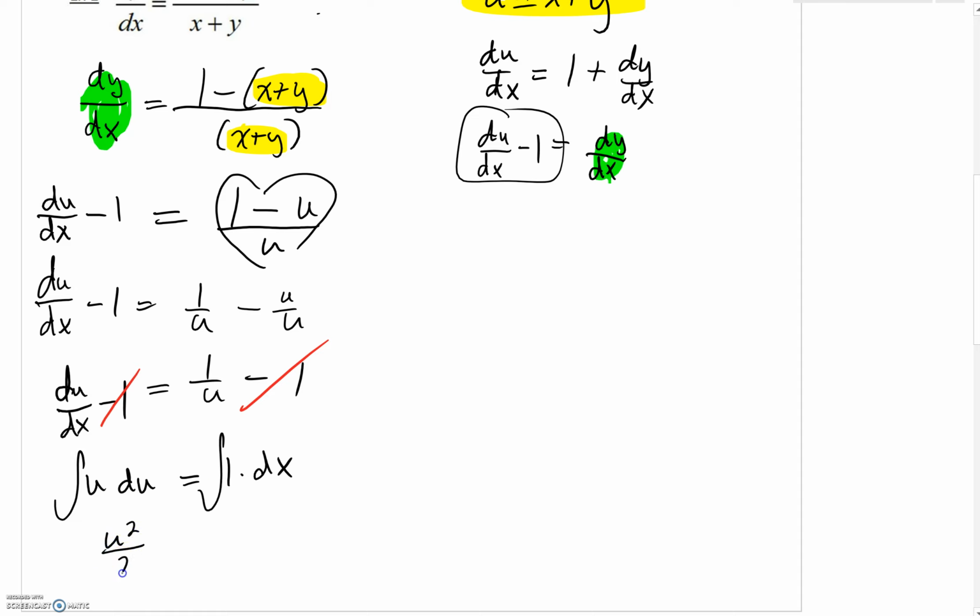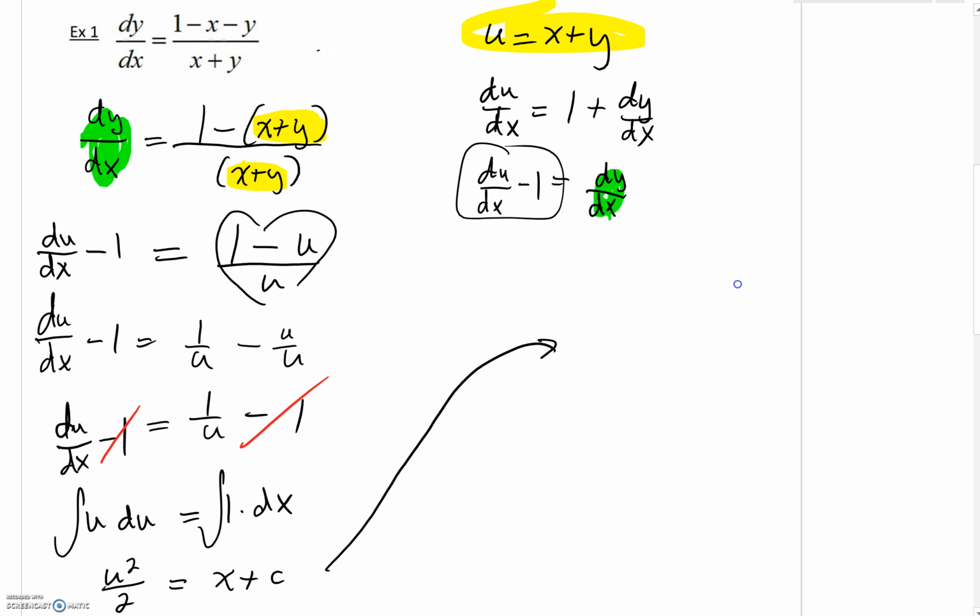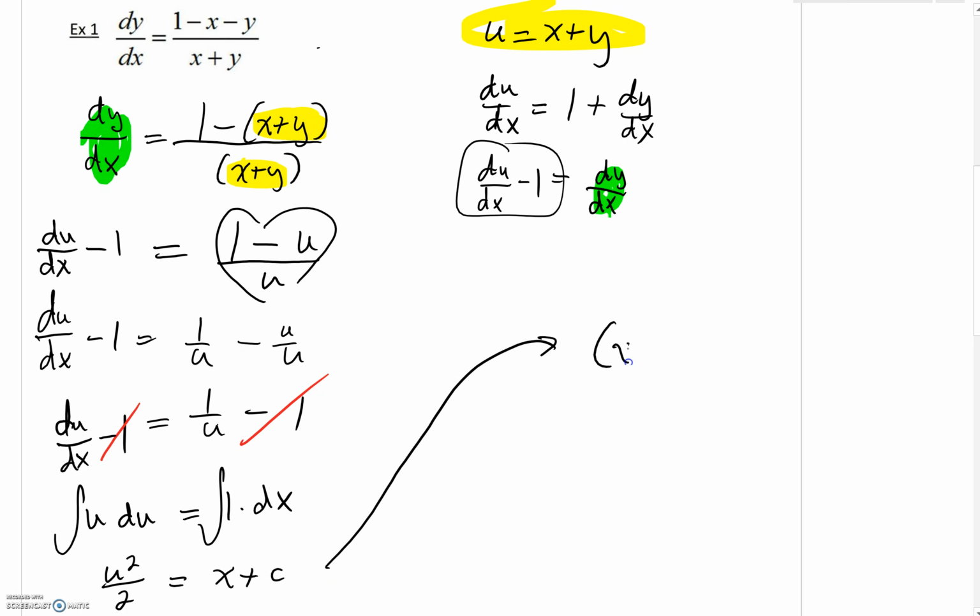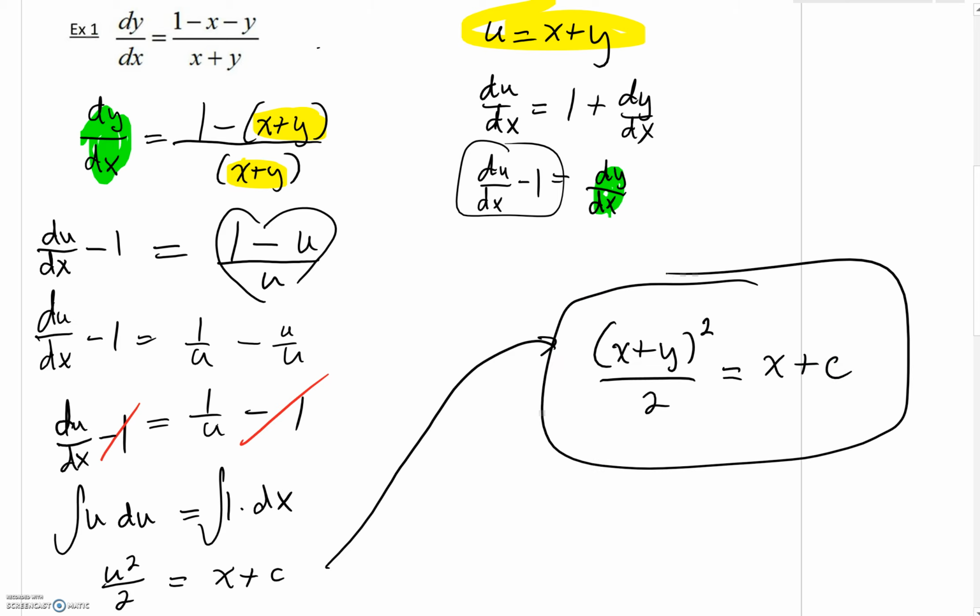This will become u squared over 2 would equal x plus a c. And it's at this point where our u was x plus y. We could plug that back in. And guys, that's it. We'll have our final answer written out this way.